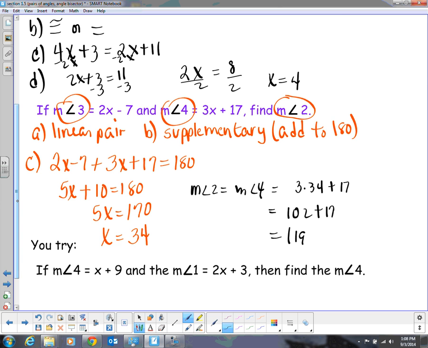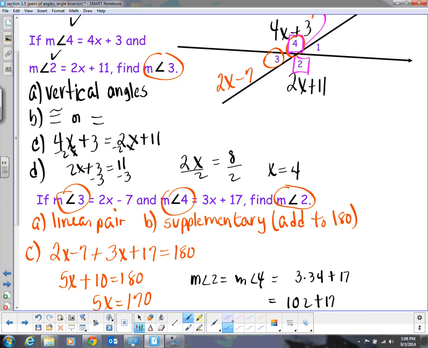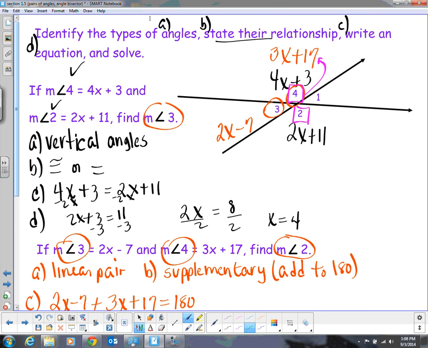So let me go back up here because I didn't finish answering the question. It said find the measure of angle 3. Well, now we're back in black. Here's the black pen. This is where we were. The relationship between angle 3 and angle 2 is supplementary, which means we're going to have to find the measure of angle 2.